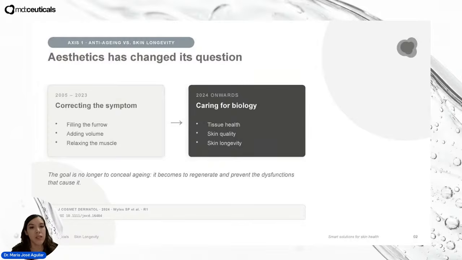What is considered skin longevity? Skin longevity is mainly what we are going to do specifically with the cells, with the natural process of the cells. It could be energy, it could be regeneration, it could be skin quality, it could be nourishing. So in these points of skin longevity, we are focusing all the new treatments.